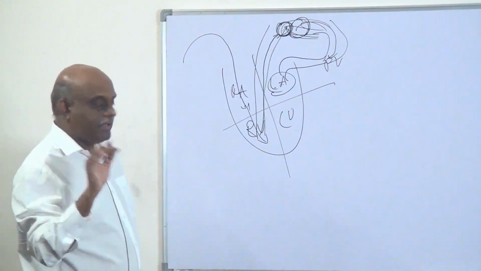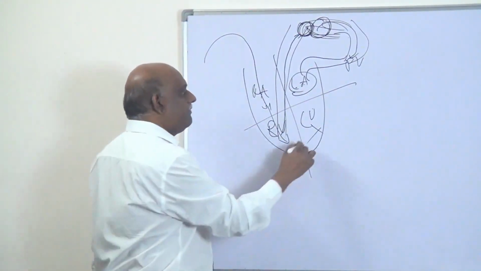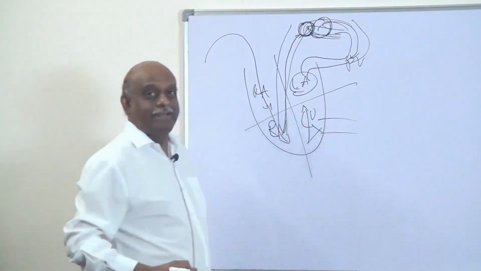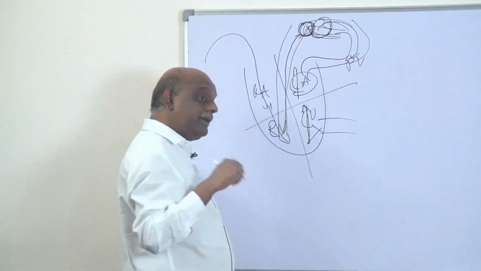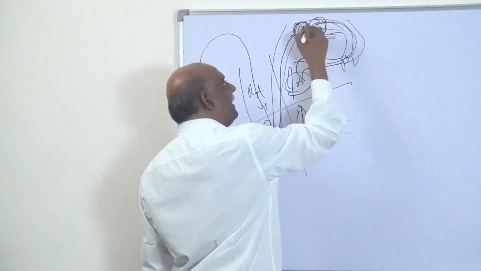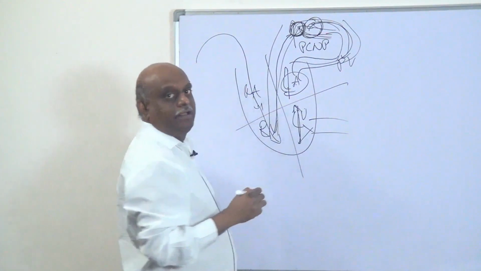So whenever the left ventricle fails, the pressure in the left ventricle shoots up because it is unable to pump the blood into the aorta, and that increased left ventricular pressure will reflect as an increased left atrial pressure, and the increased left atrial pressure goes back and causes an increase in pulmonary capillary wedge pressure.